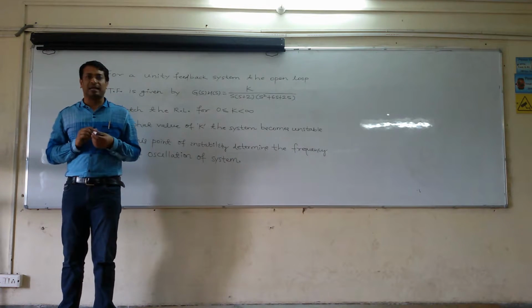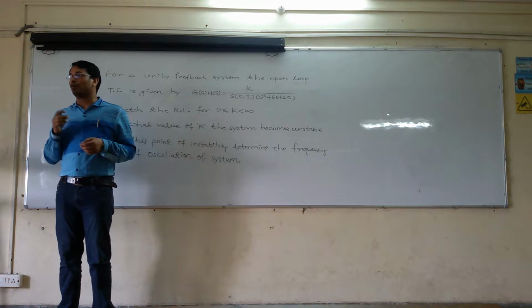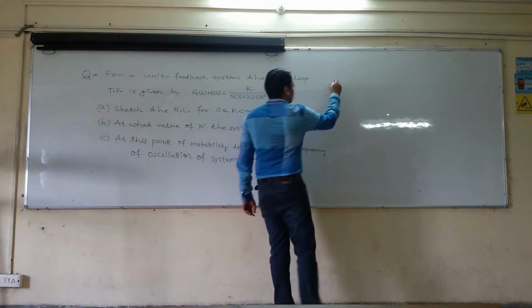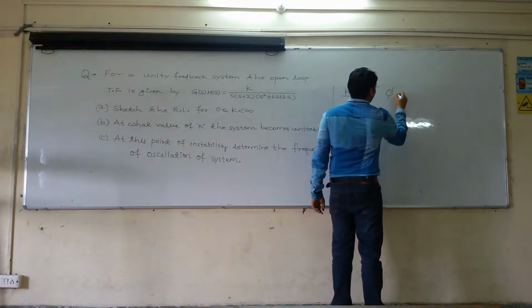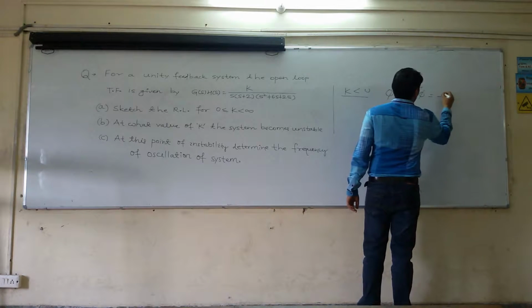One more point is that if you are working on the inverse root locus, your phi d will be equal to 0 degrees minus phi. Correct? For inverse root locus, meaning k less than 0, phi d will be equal to 0 degrees minus phi, that is, minus phi.